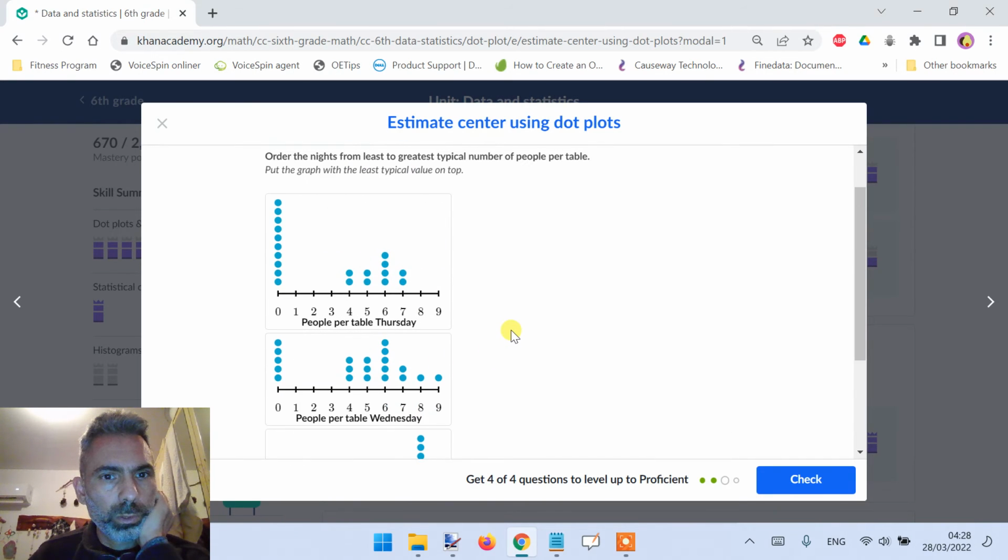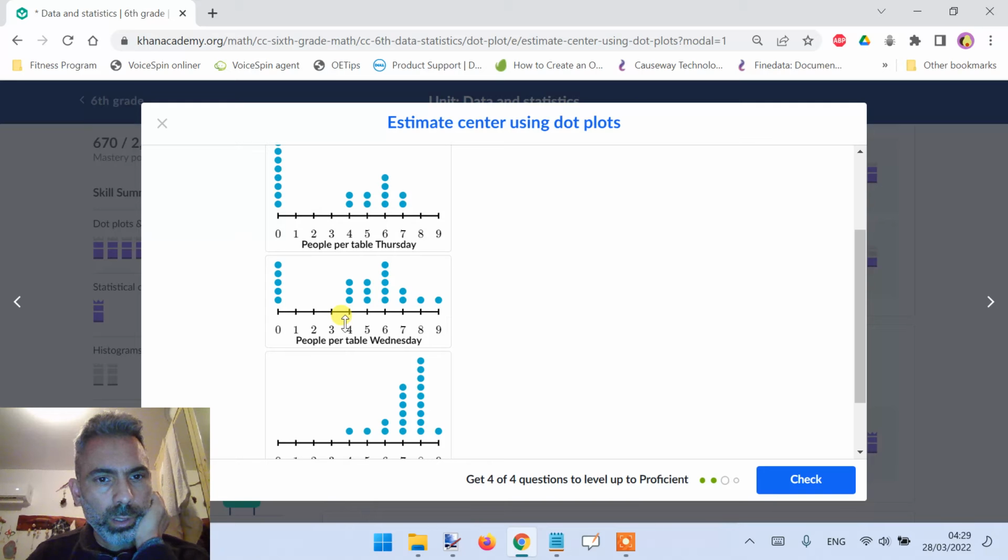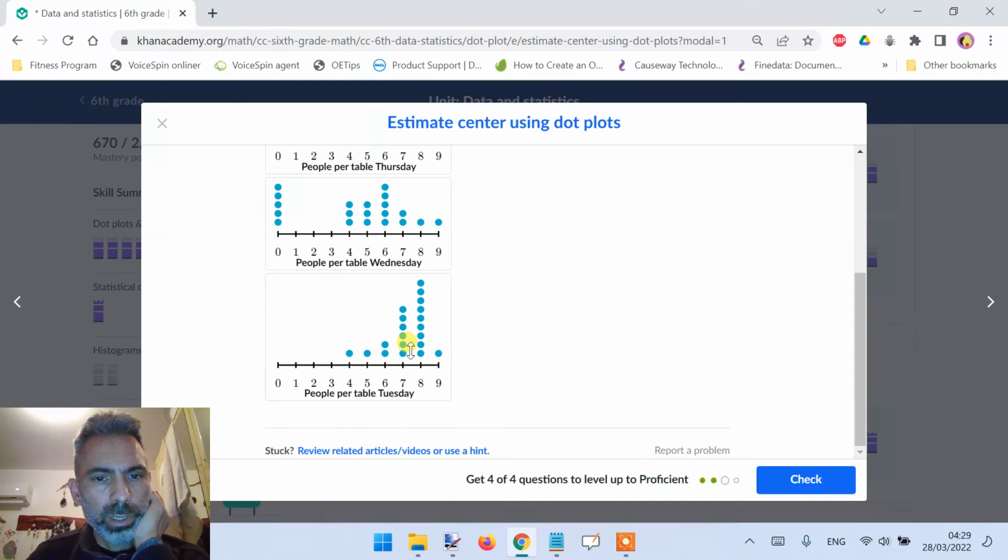So I will go with this order. This is the least people per table. This is a bit higher because the column of 0 is lower and more dots are concentrated on the right side of the number line. And here is obviously the busiest day.